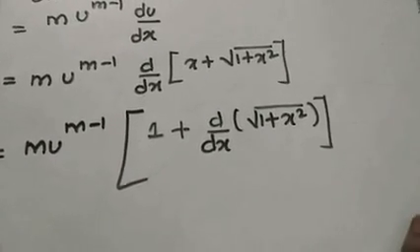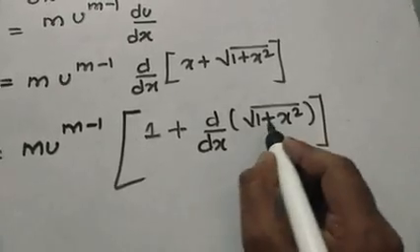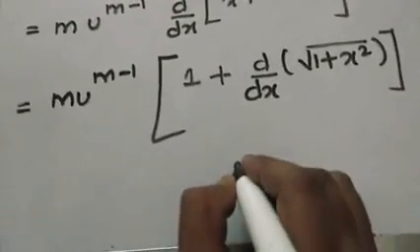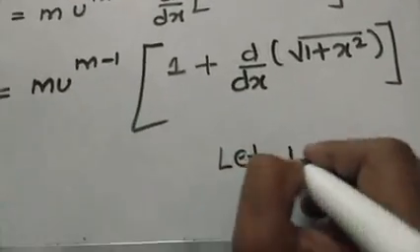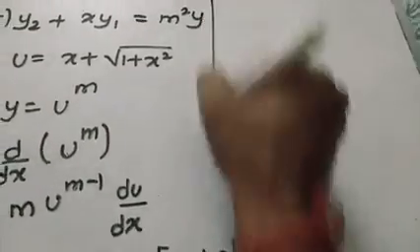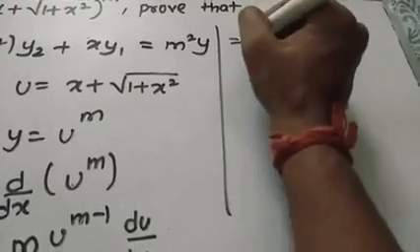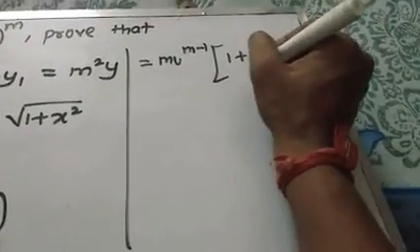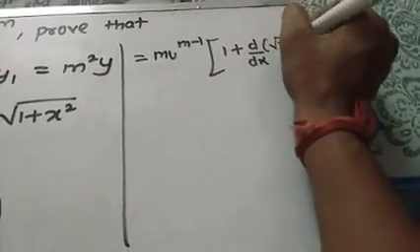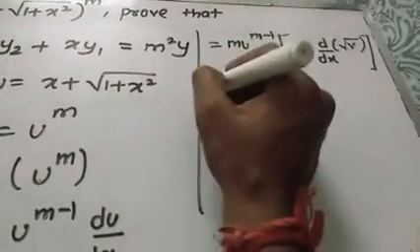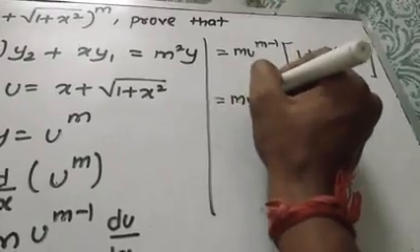Okay. Now similarly we will assume 1 plus x square as some new variable v. Let 1 plus x square equals to v. So the new form will be m u to the power m minus 1, then 1 plus d dx of root over v. Just assuming this 1 plus x square as v, then m u to the power m minus 1.